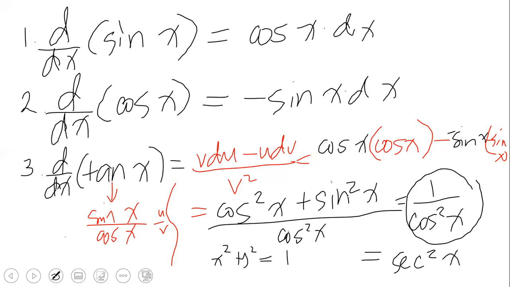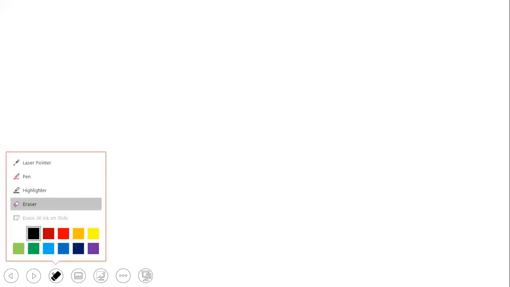Let's have the fourth property ng differentiation of trigonometric function. So number 4, d over dx, the differentiation of cosecant x.